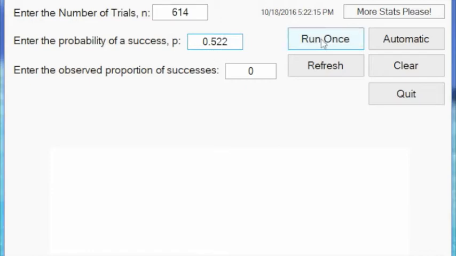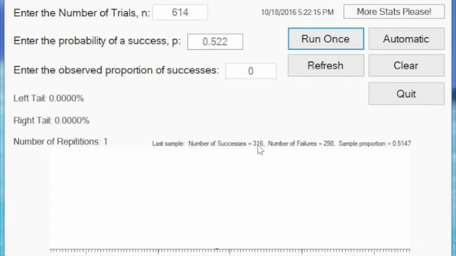So if I run it once, it's going to simulate asking 614 people if they approve of the job the president's doing from a population where this is the true percentage who would say yes to that. So I click run once, and I get 316 successes out of 614 people sampled. And as a decimal, that's 0.5147.